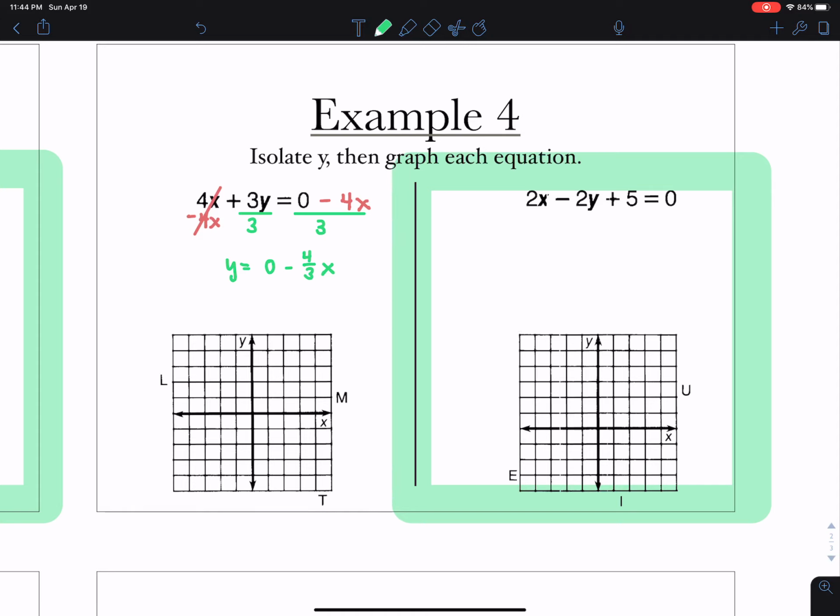But in a textbook, you would only see y equals -4/3x because the 0 is just a little bit excessive. We don't really need it. So we're going to start at 0, and then we're going to go down 4 and over 3. And then 1, 2, 3, 4, and back 3. And your line is going to look like this.